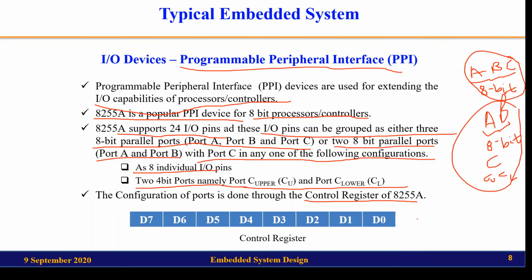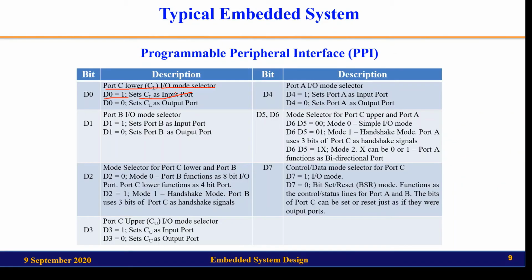In the D0 bit, we have the port C lower I/O mode selector. If D0 is equal to 1, it sets CL as the input port. As we discussed in the second configuration, port C can be considered as two parts, CL and CU, and D0 is associated with the CL 4-bit port.